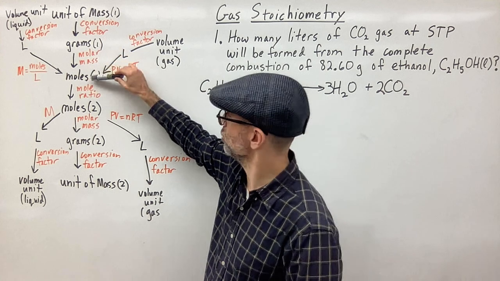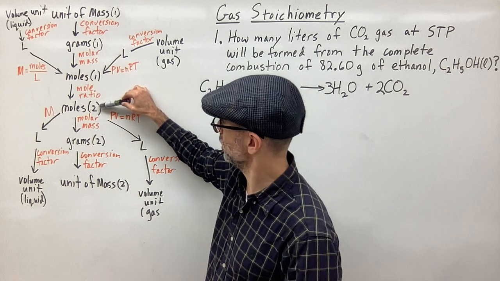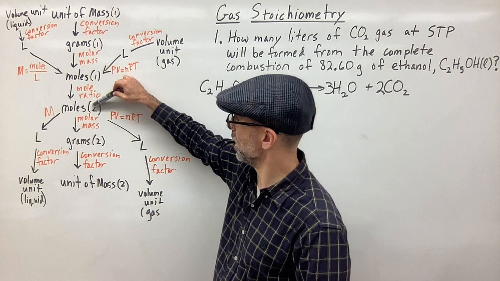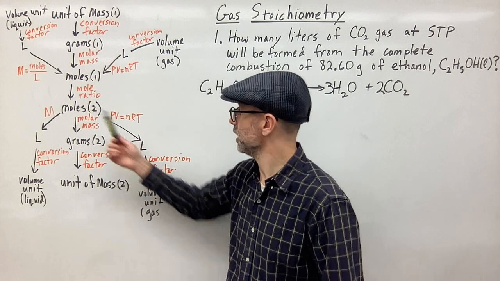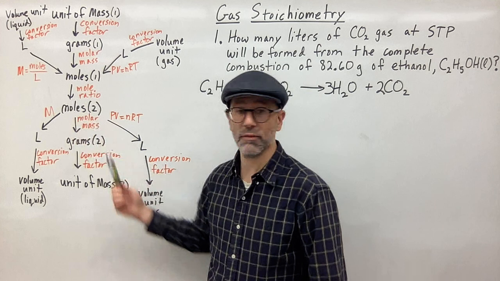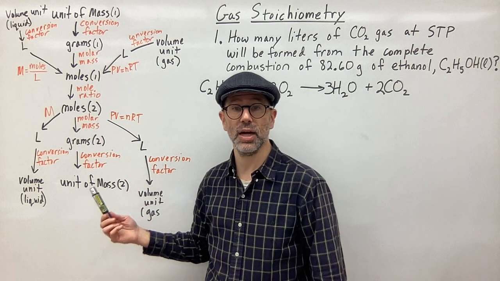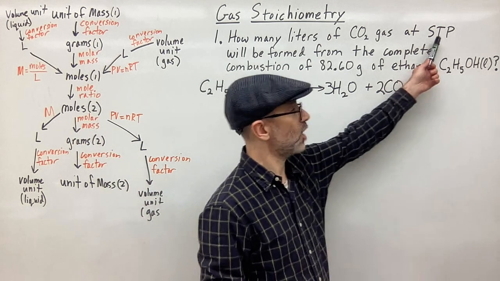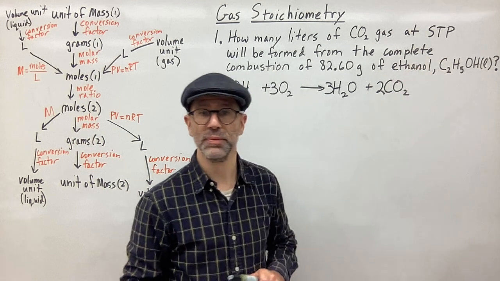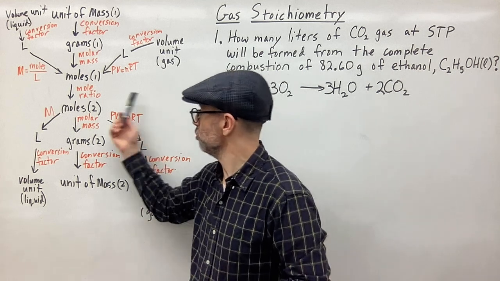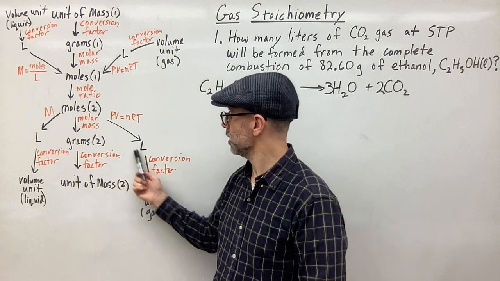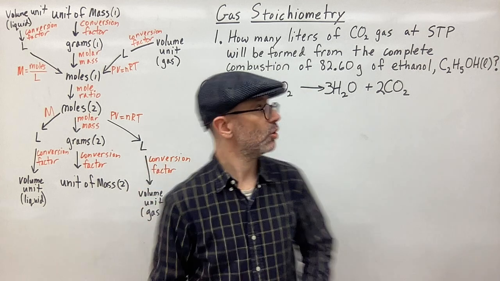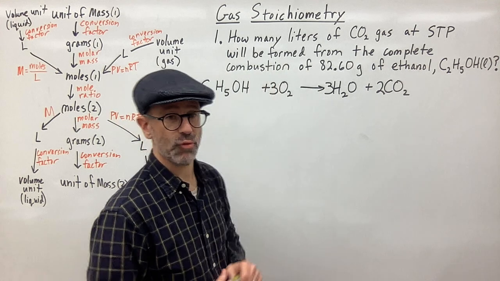And then we need to use the mole ratio in our balanced equation to get to moles of our carbon dioxide. And then we want the liters, which means that we're going to have to take the moles and whatever conditions they gave us, right? They gave us STP. We'll talk about what STP is in a moment. So we're going to use those conditions and our PV equals nRT to find the number of liters, which is what they are asking for.